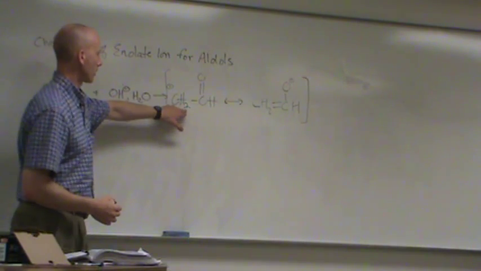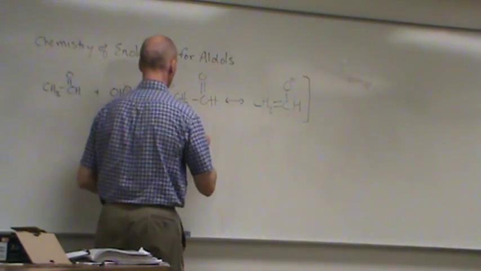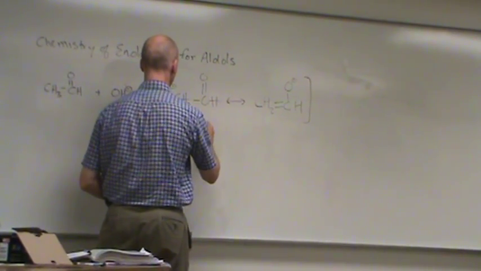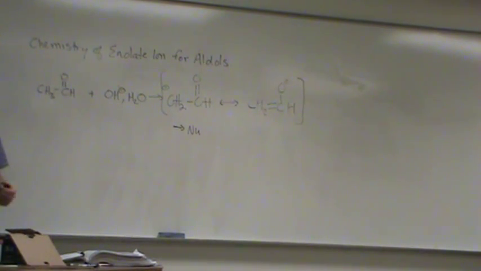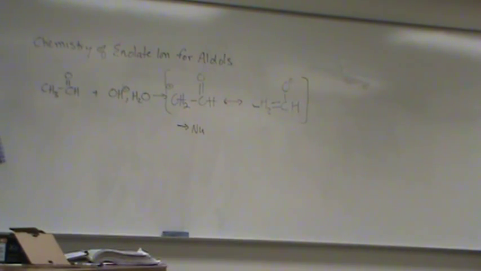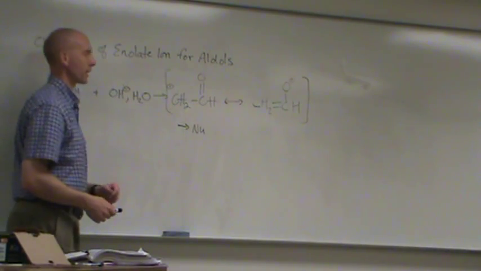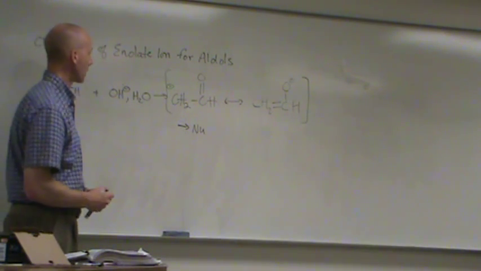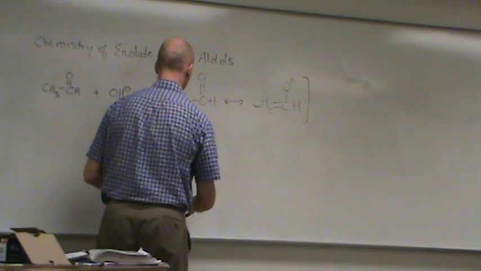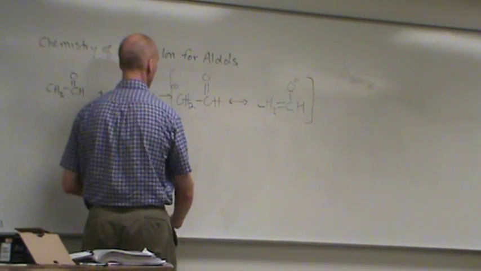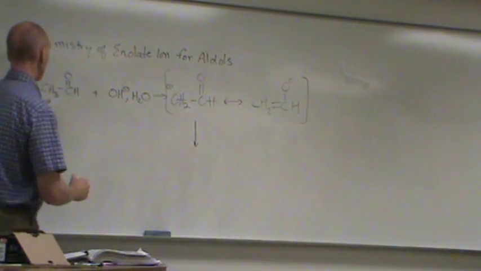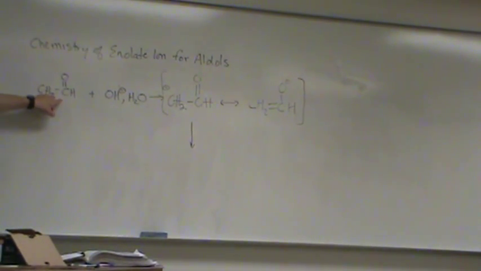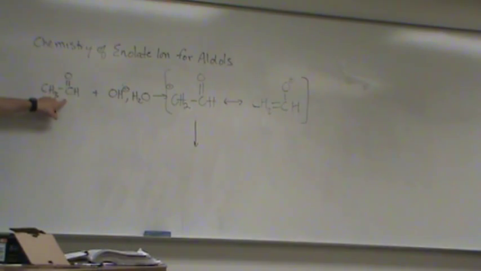This one here, the one that has the carbonyl. This is our nucleophile. What we want to do now is react with a new molecule today to form what's called an aldol. Our new molecule that we'll react this with is going to be another molecule of the starting aldehyde here.